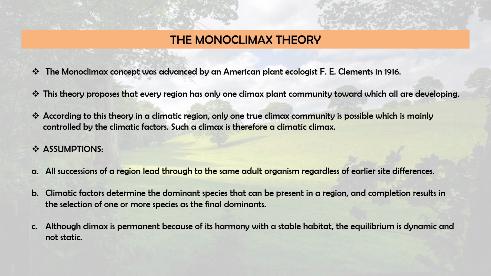And the preclimax is a community with life forms lower than those in the expected climatic climax, because of some abiotic and biotic factors which develop in a habitat drier than that of the expected climatic climax.